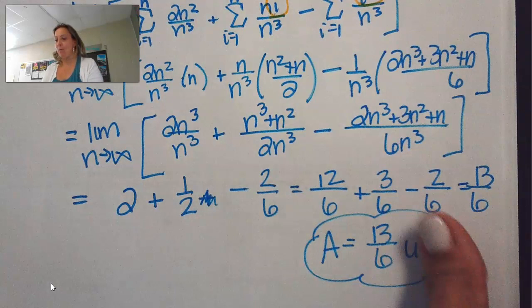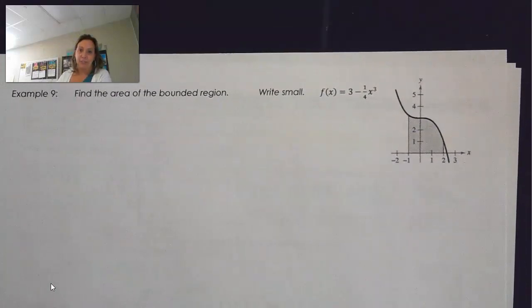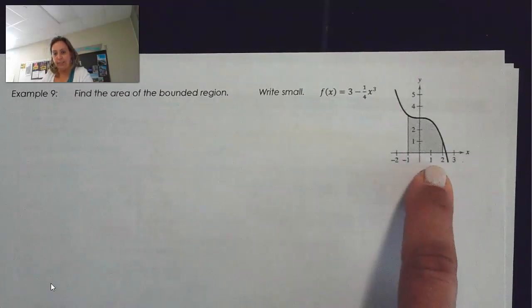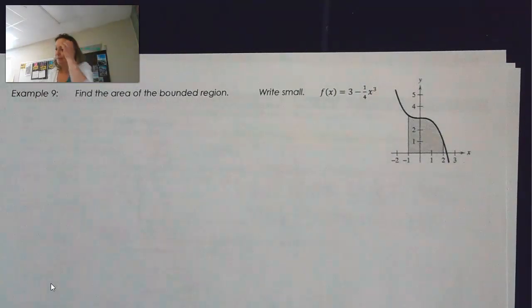Let's do one more. So this time we're going to find the area of the bounded region. Here we can tell that it's going from -1 to 2, and this curve is given by 3 minus 1/4 x cubed.